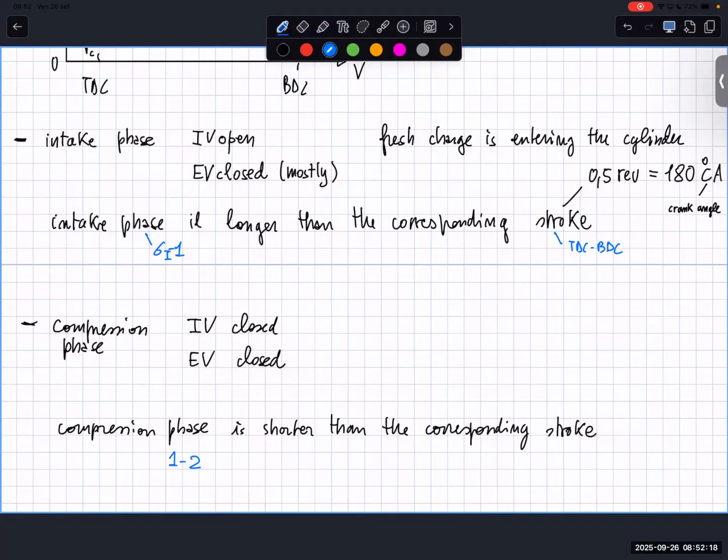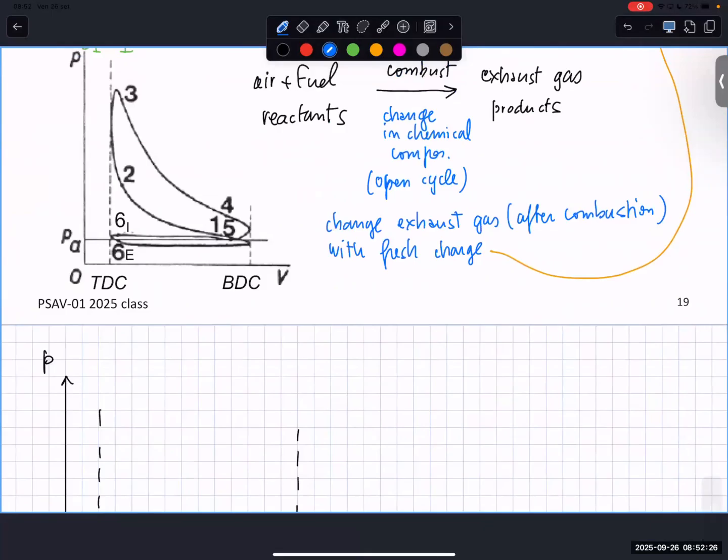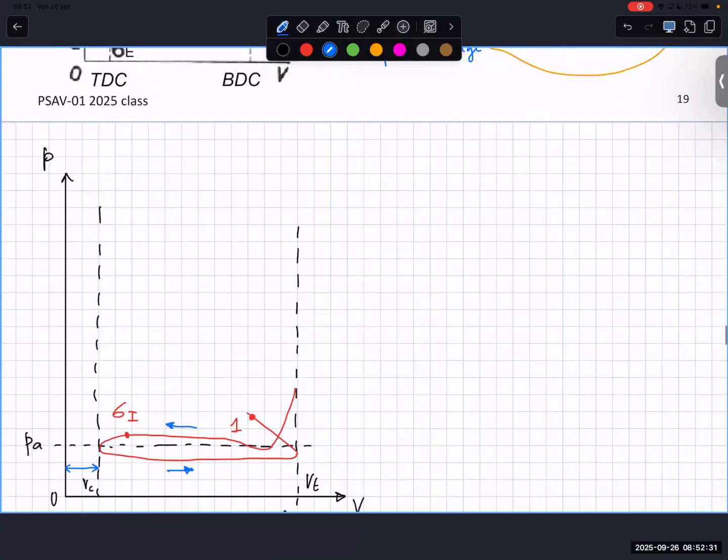The corresponding stroke is from BDC to TDC. Point 2 is occurring before reaching the TDC. So I can also complete the diagram here. More or less, we will have something like this. Here we have a point that will be called 2. So from 1 to 2 is shorter than the corresponding stroke.